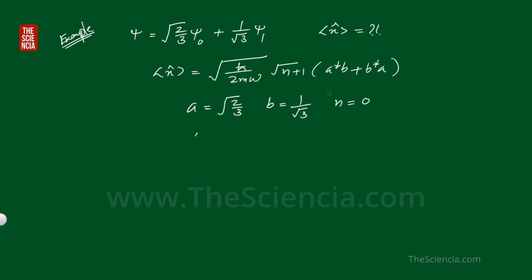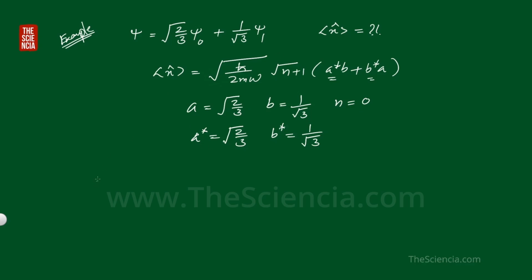And we have to find a star and b star. A star is equal to root 2 by 3, b star is also equal to 1 by root 3. If there is some i term, then it becomes minus i. But here both are real values, so the conjugate value is the same as above.